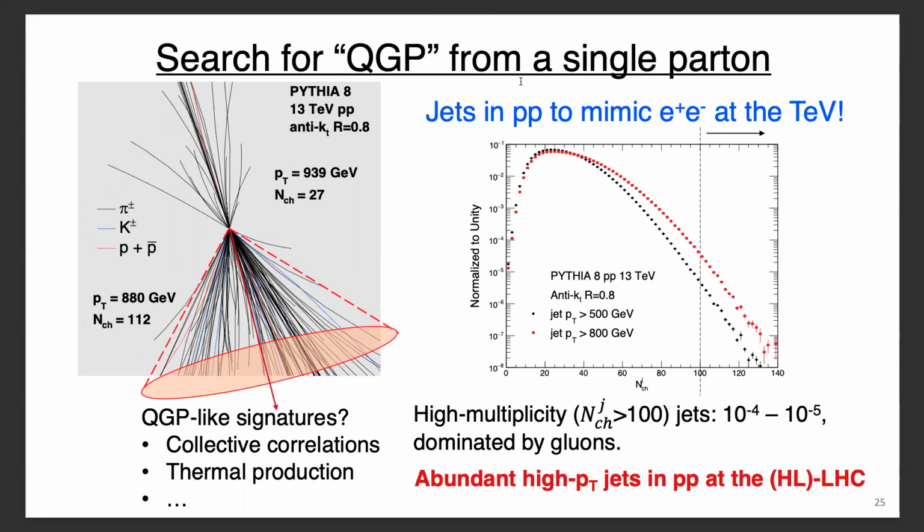We're looking for the very rare jets, where in one particle shower you have a couple of hundred particles produced. It's a similar idea to how we find the flow effect in pp collisions, when we're not looking at the regular jets. These are extremely rare jets. They happen with a probability of maybe 1 in 100,000. But we have plenty of them at the LHC, thanks to the high energy.